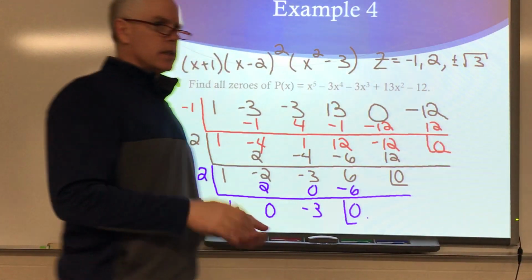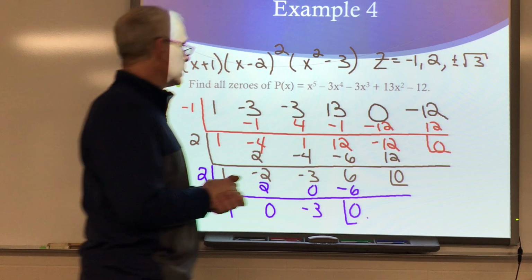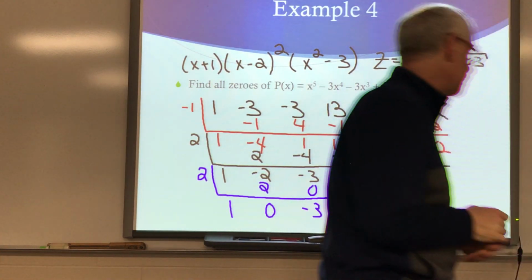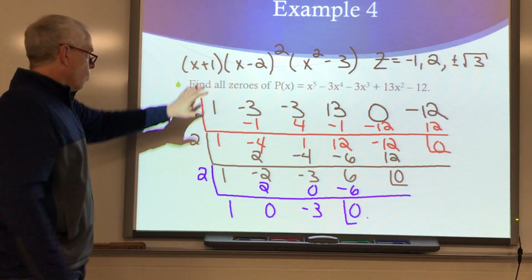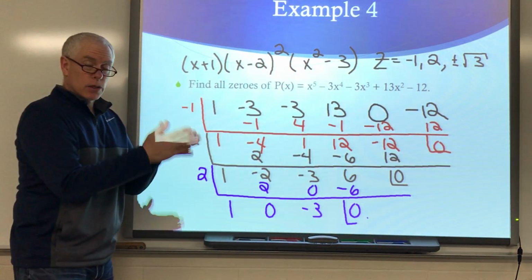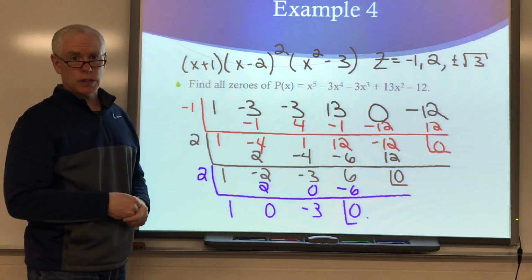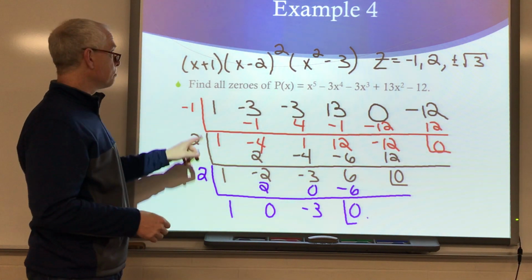Those are a little harder to see on the graph, but is what it is. Okay, so when asked to find all the zeros, graph it, look to see where it crosses the x-axis, and then just try these until you can break it down to something that you can solve easier, okay?